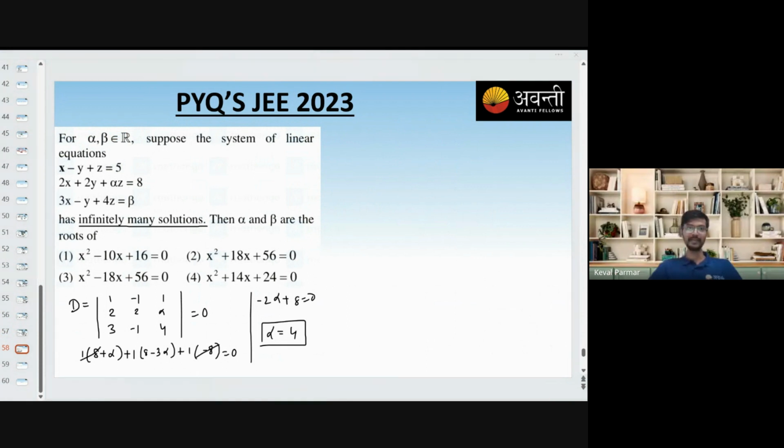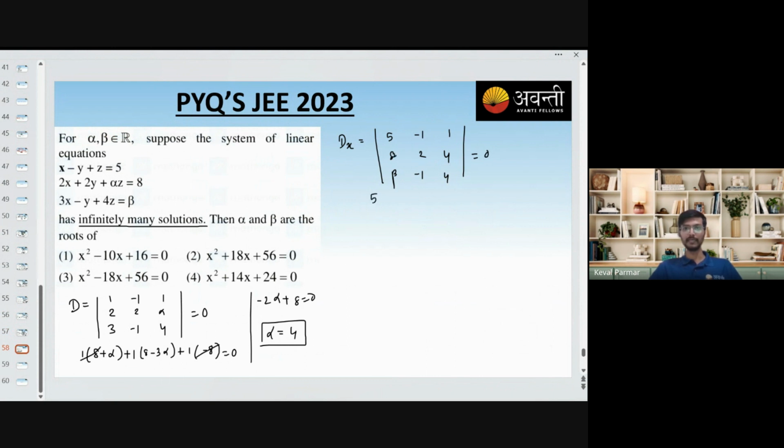Let's find beta. How to get beta, guys? We'll find Dx, which will be equal to the determinant with rows 5, 8, beta; -1, 2, -1; 1, alpha, 4, equal to 0.